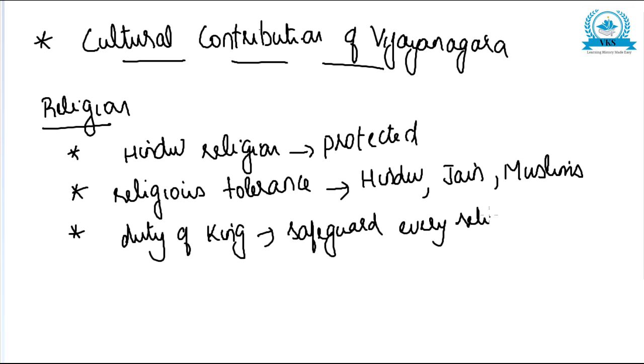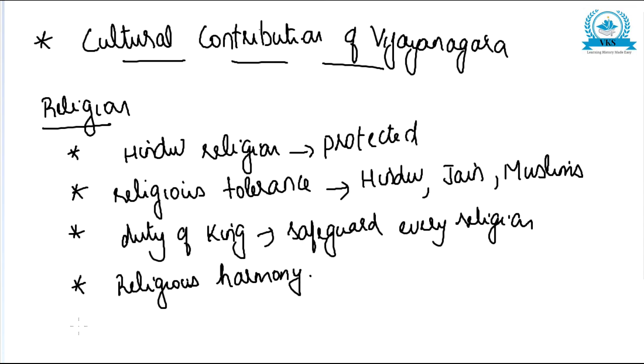And the king had also built a Jain Basadi, and it shows that there was complete religious harmony in Vijayanagara Empire. So the empire was a place of religious harmony.